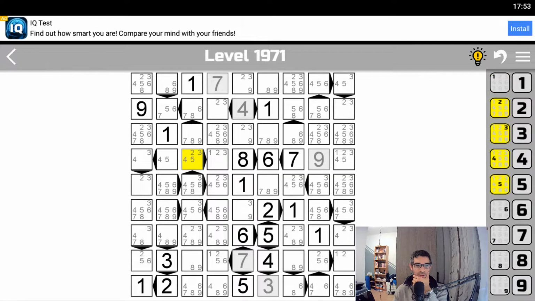Because if this is a 5, then this must be a 4 and this must be a 3. Or if this is a 4, this is a 5 and this is a 3. If this is a 3, then this is a 4 and this is a 5. And if this is a 2, then yeah, it doesn't give me anything on this left, but I can know that this is going to be the 1. So 2, 1.